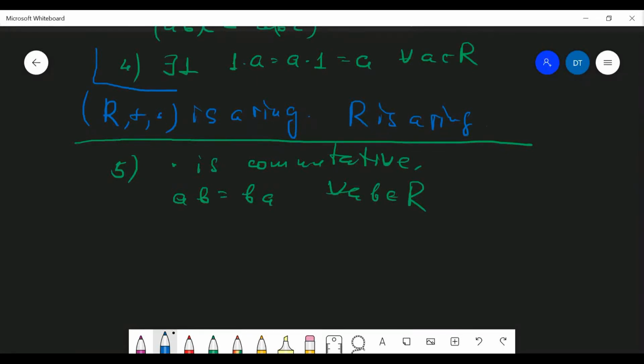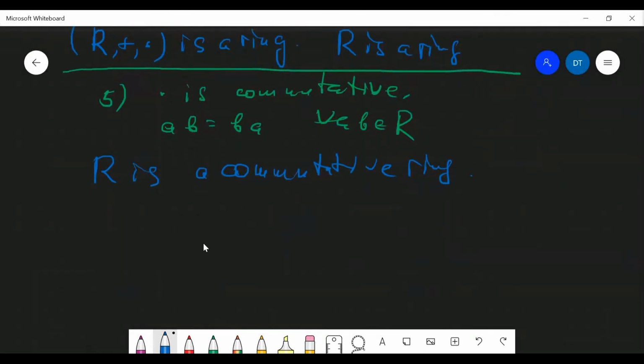So you usually just mention the underlying set without mentioning explicitly the operations, assuming that the operations are clear. So in this case, when the multiplication is commutative, we will say that R is a commutative ring. The properties of the ring always refer to the properties of multiplication.